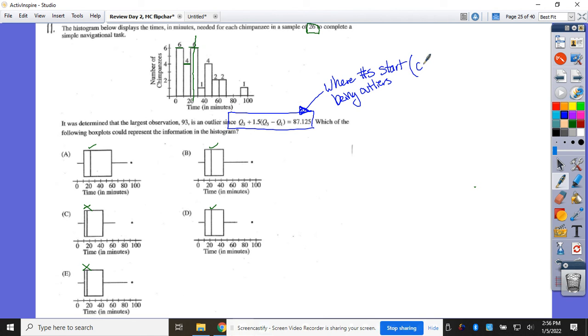I'm just going to call it the cutoff. Now, where should my horizontal line go to if I know I have an outlier? The number below the outlier. And this part I want you to write.